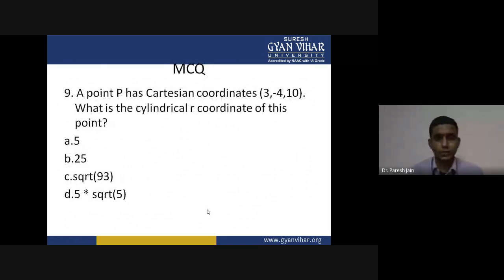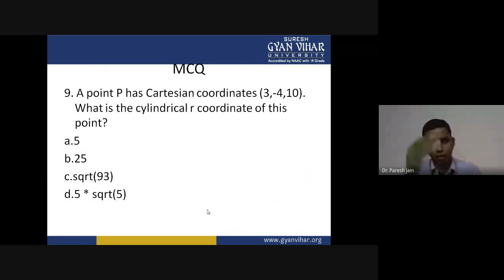Next question: a point P has Cartesian coordinates 3, -4, 10. What is the cylindrical r coordinate of this point? This is related to the Cartesian, or rectangular, coordinate system.